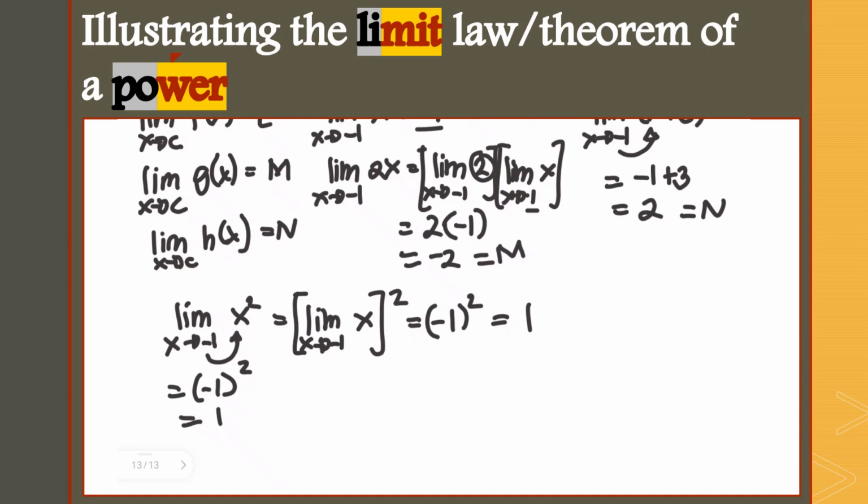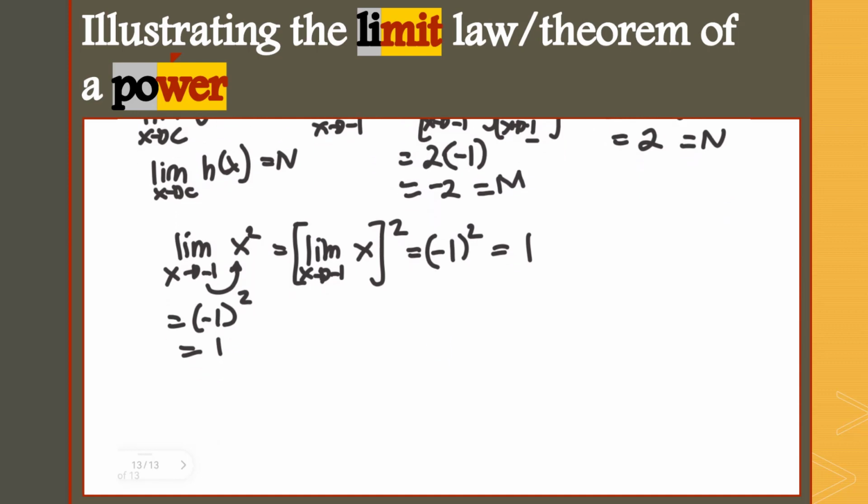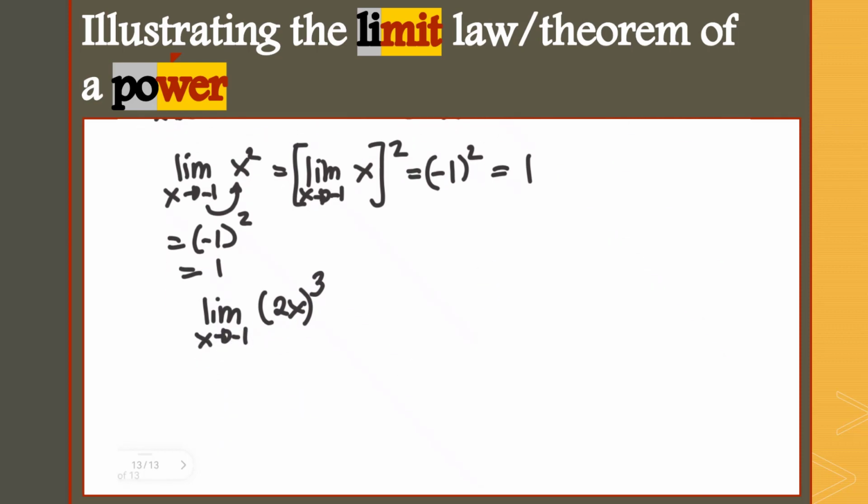Now let's proceed to the next example, which I think is also easy. What if we have here the limit of the cube of 2x as x approaches -1? For some of us, we can express this as 8x cubed, right? We can rewrite this as the limit of 8x cubed as you apply your laws of exponents, and you can substitute -1 right after.